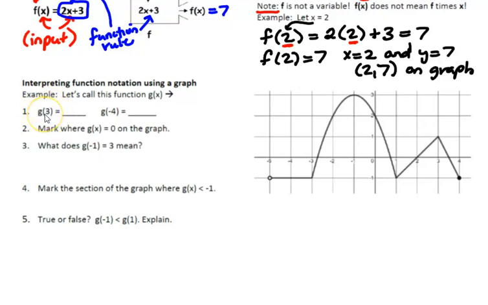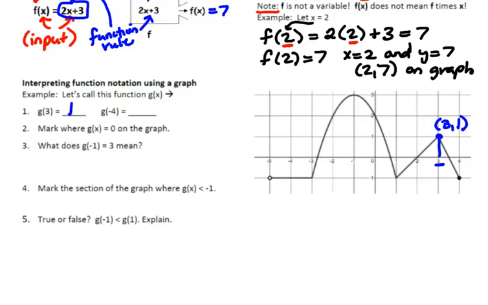The input value is the x value on the graph. So when I see g of 3, I look for 3 on the x-axis. Then I go up or down, find the point on the graph that corresponds to that, and that is the point (3, 1). So when x is 3, y is 1, so g of 3 equals 1.